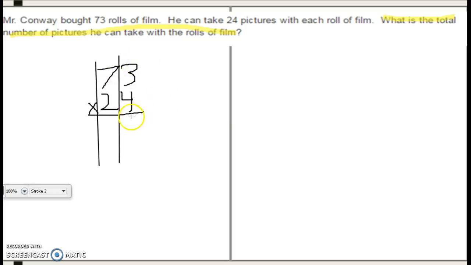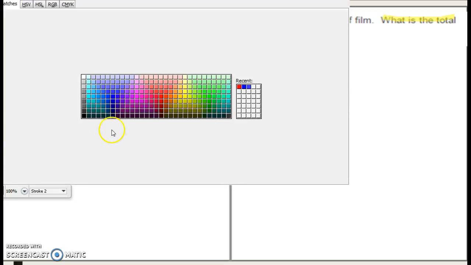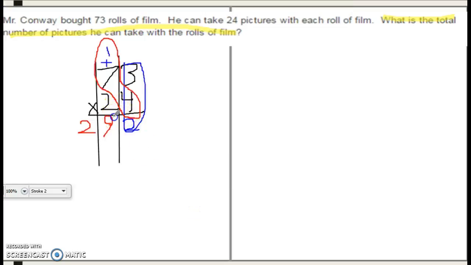We're going to multiply, excuse me a minute, using the wrong tool here. So we're going to take 3 times 4, which is 12. Bring down the 2, carry the 1. Now we're going to multiply 7 times 4, but we have to add that 1. 7 times 4 is 28, plus the 1 is 29. Now we're going to multiply the 2 that's in the tens place times 73.